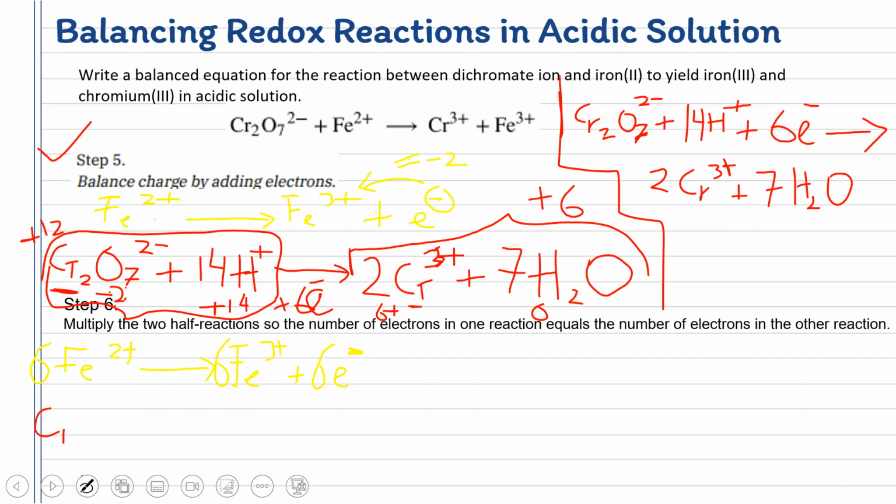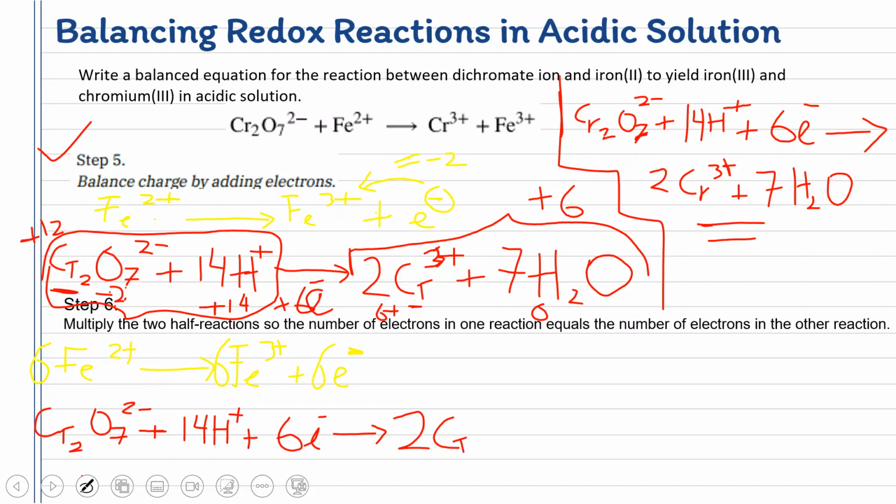We're going to have Cr2O7 2-, just repeating what we have here, plus 14H+ plus 6e-, all giving us 2Cr3+ plus 7H2O. And that's what we have.